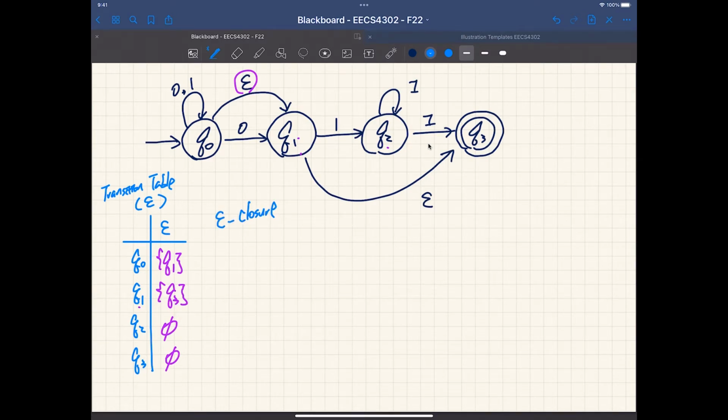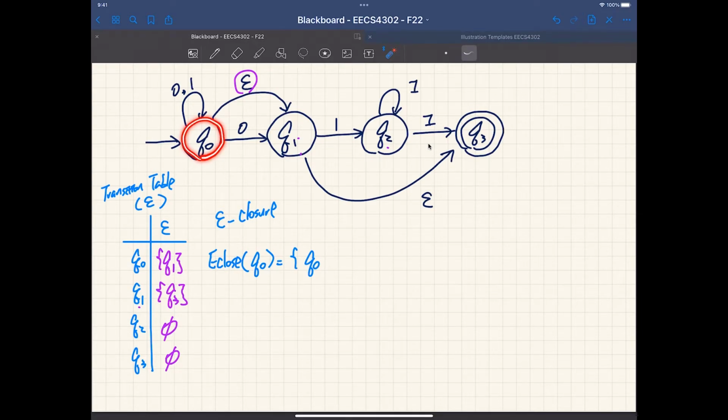For example, what would be the epsilon closure of Q0? Always include itself right away without even thinking, and then see how far you can actually reach. Of course, you can look at the recursive definition that we included in the slides, but if you have a diagram available, why don't we just take a look.